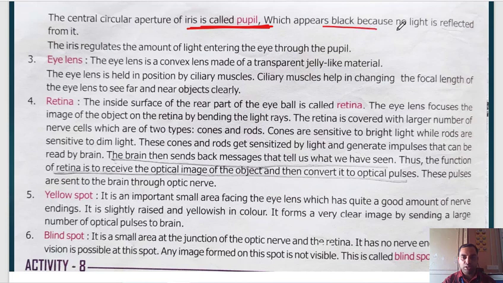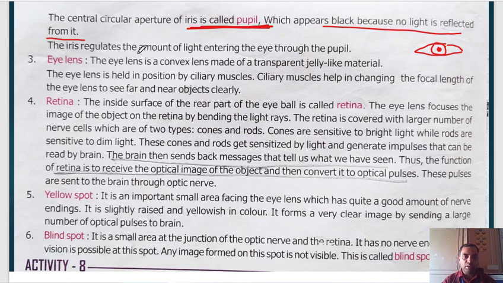This point is important. If you see your eye, at the center you can see a very black pointed circle. This is the pupil, from which no light is reflected.